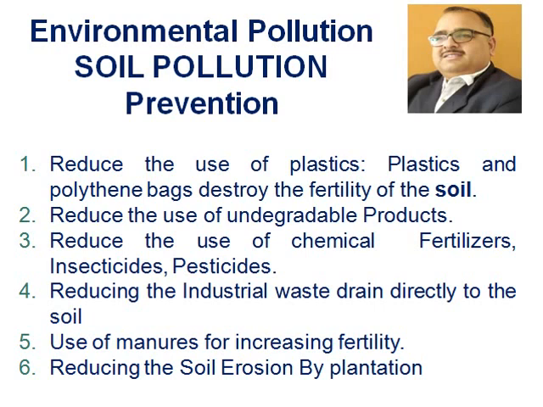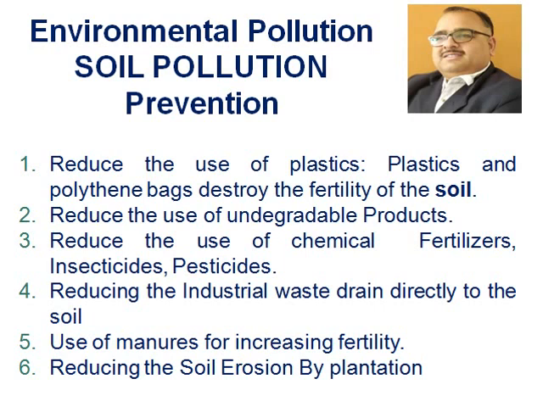Now, how can we prevent such soil pollution? We can prevent it by reducing the use of plastics. The first important thing, plastic and poly bags are basically destroying the fertility of soil. So we should ban such plastic. We should not throw plastic anywhere.